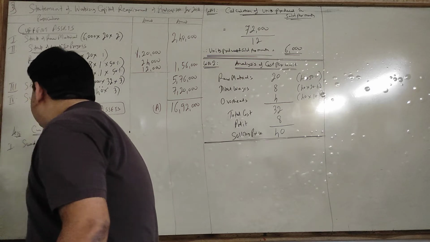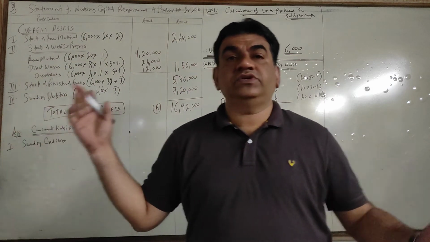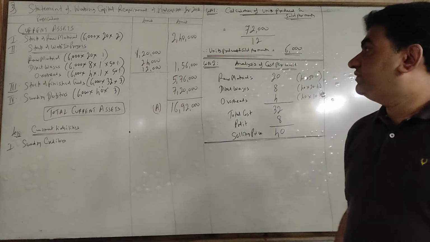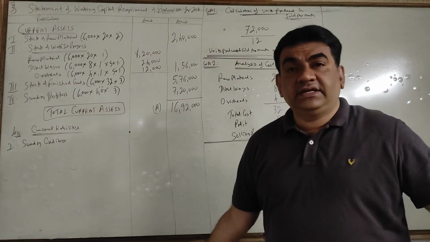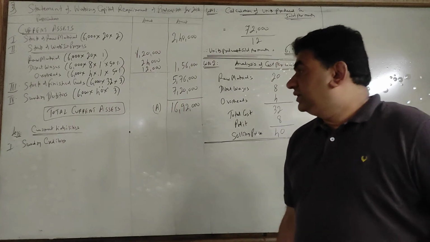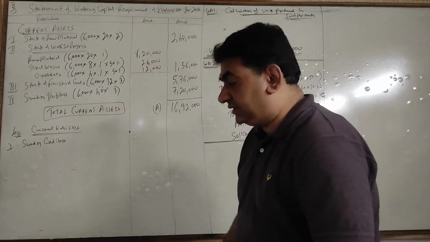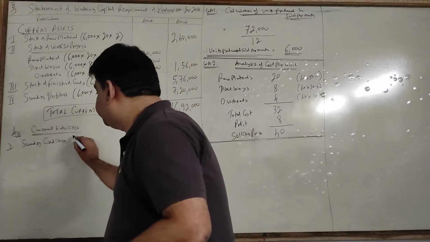And remember, this order is not important. Even if you shuffle, it's fine. As far as the individual amounts of current assets and current liabilities are concerned, no problem with that. Okay, sundry creditors. Put a bracket.